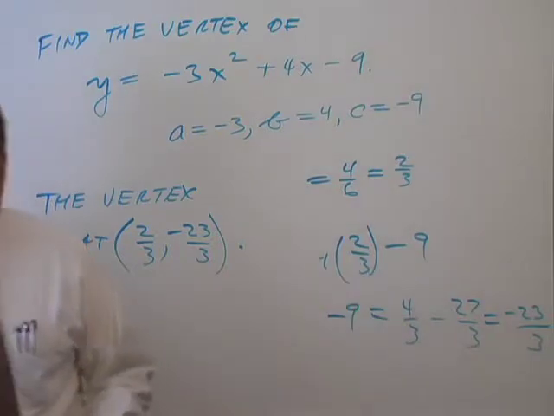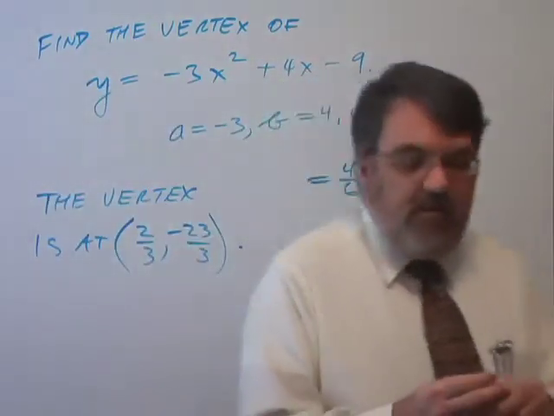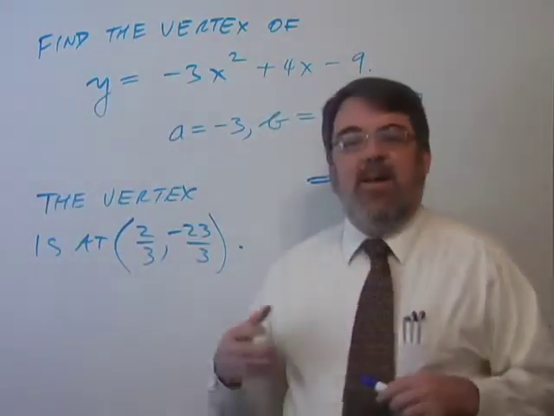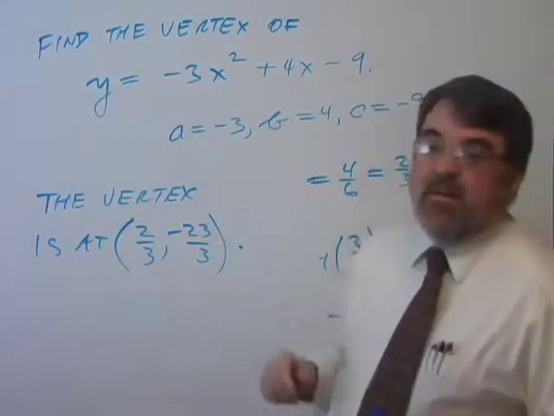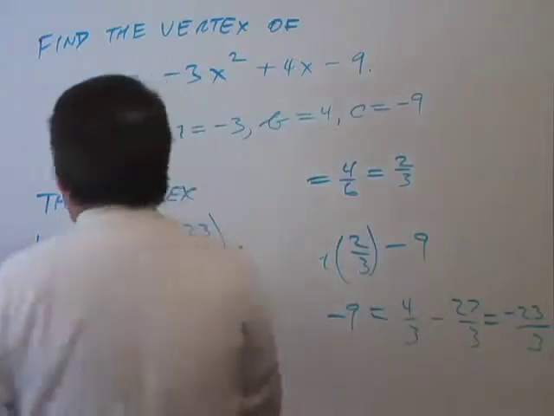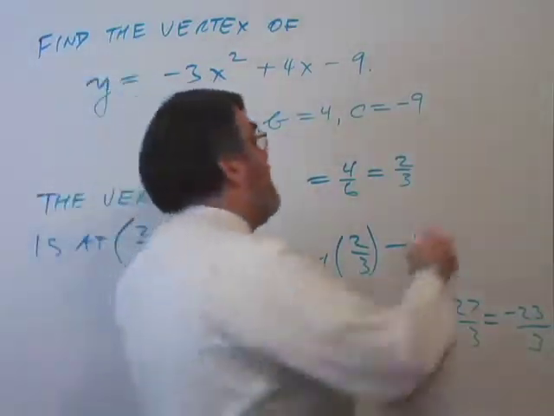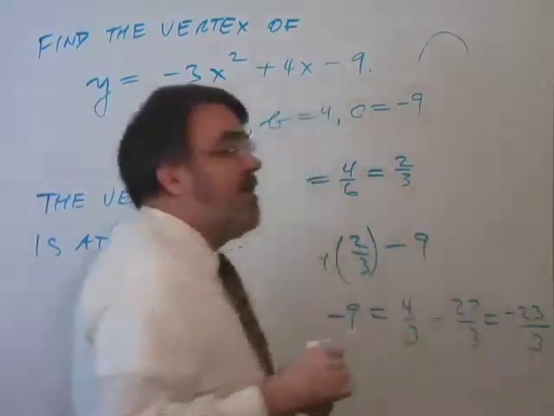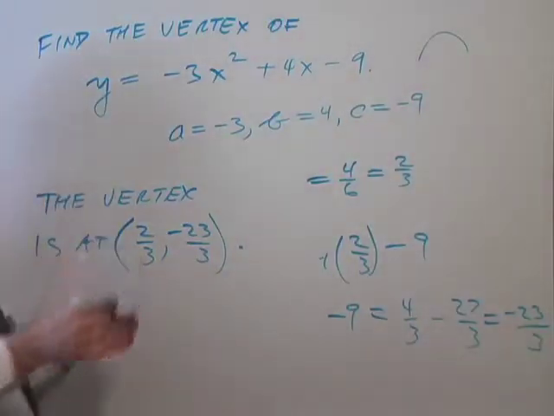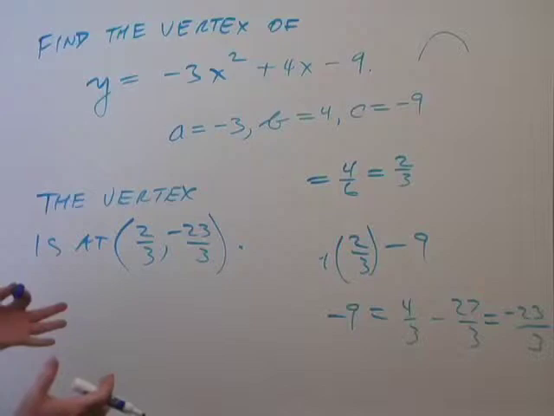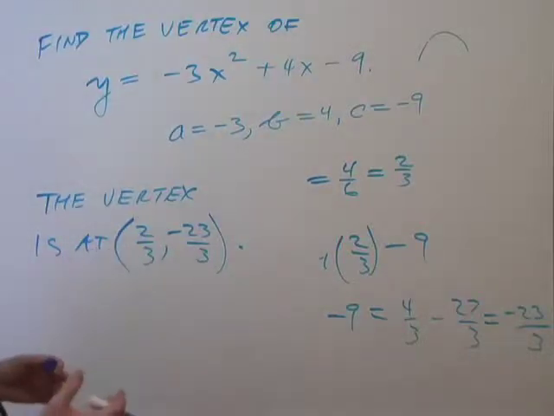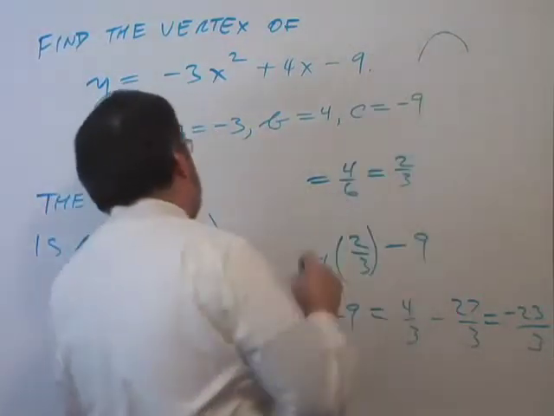Now another question I might raise here is, is this the maximum or the minimum of the function? Because it has a negative leading coefficient, the parabola has been reflected around the x-axis. It means it's an upside down parabola. So the maximum of the function will come from the vertex. Here's the maximum up there.